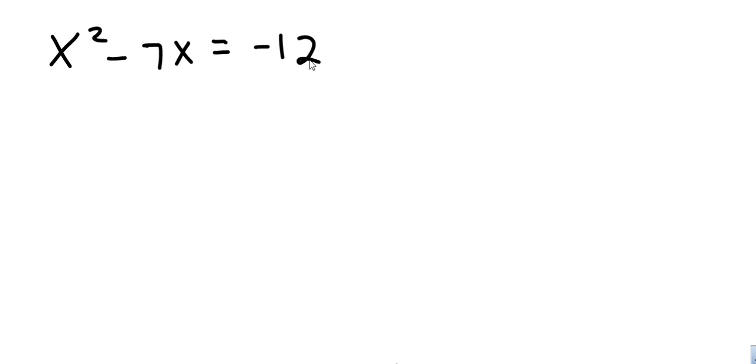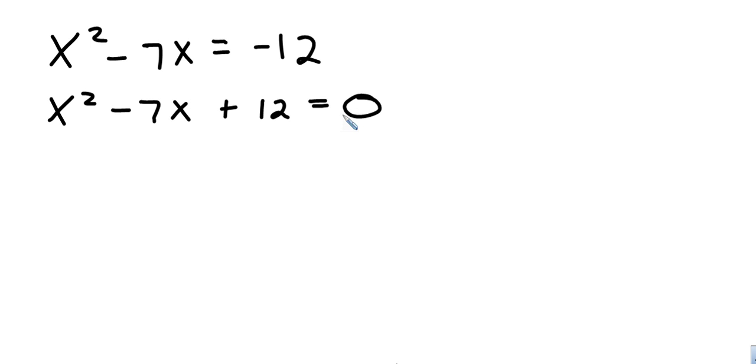We need that quadratic to all be on one side. It's an equation, but we need it to be equal to 0. So we're going to say x squared minus 7x plus 12, I changed sides, so I changed signs, is equal to 0. Nothing left on the right-hand side of that equation.